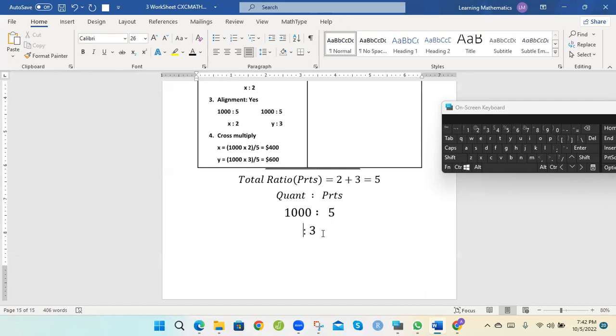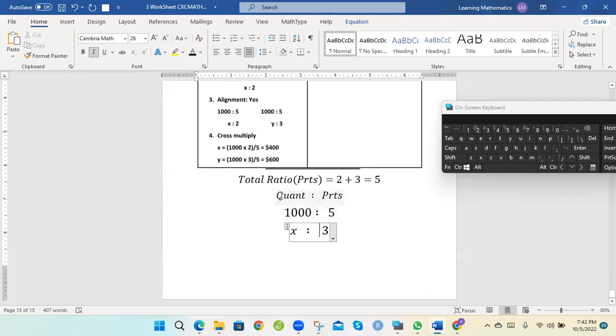And remember, this ratio must have a letter and a number, because now we want to find the quantity for the part of 3. So you can use the letter X. This ratio must have quantity and parts: X and a number.